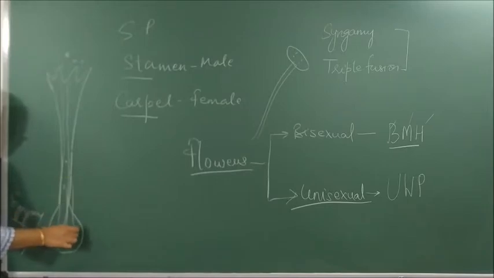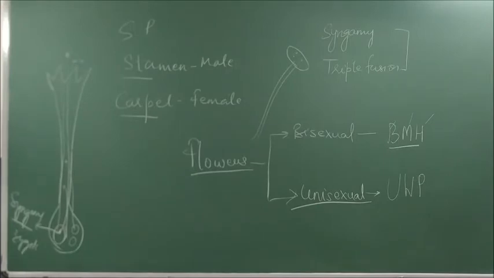The other pollen grain reaches and fuses with the 2 polar nuclei. What do you mean by polar nuclei? Polar nuclei are the cells which cannot be converted into egg. They could have been an egg cell, but they did not get converted into an egg cell.